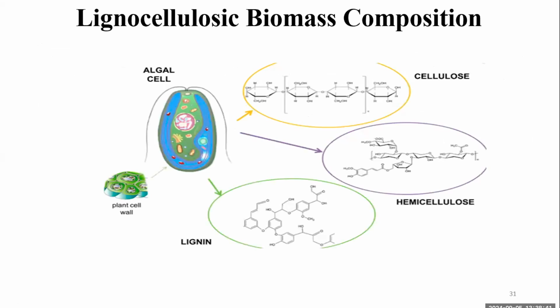So lignocellulosic biomass composition, basically, we have cellulose, hemicellulose, and lignin within the algal cell walls. They are all compositions, which can differ between these compounds. It's just their bonding interactions between the cellulose, hemicellulose, and lignin.